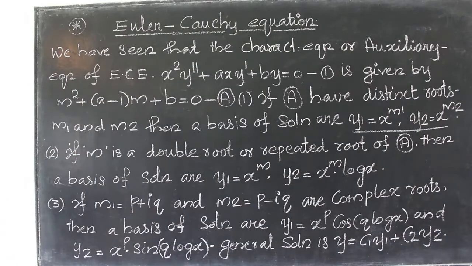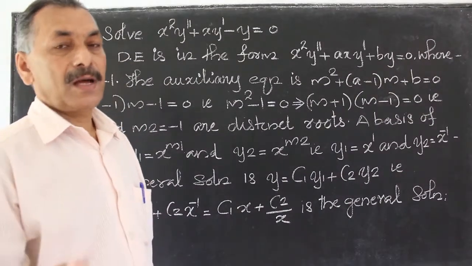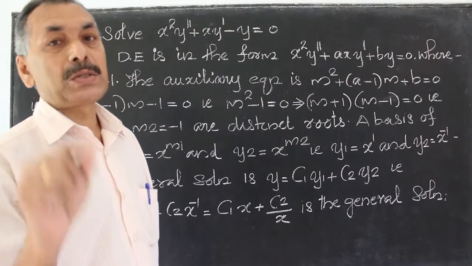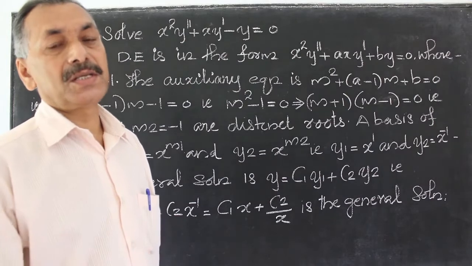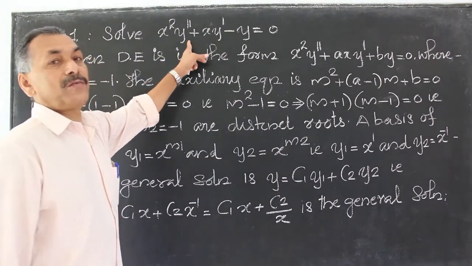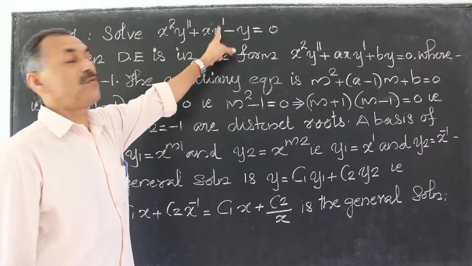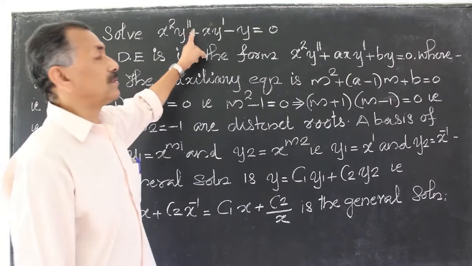Now consider an example for the method of solving an Euler Cauchy equation. Solve x square y2 dash plus xy dash minus y is equal to 0.